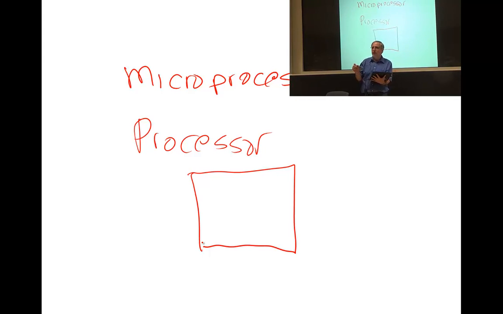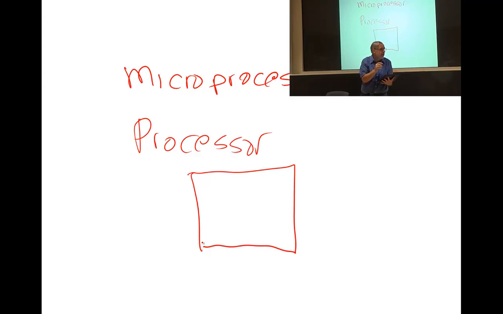But if I looked in a processor, what would I see? 306 question. What are the pieces inside the processor? Logic gates. Okay, that's too deep. The answer was logic gates, and yeah, absolutely. But I'm going to build logic gates to build which components? A little bit higher than logic gates I'm looking for.